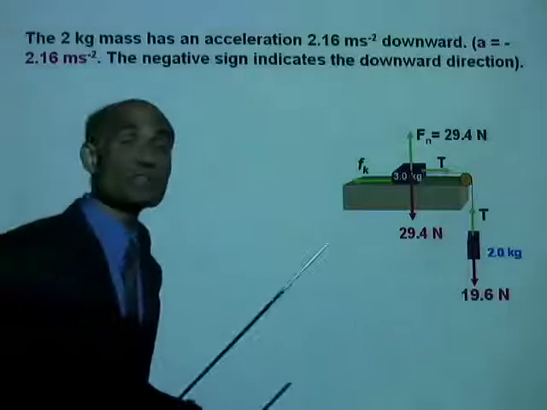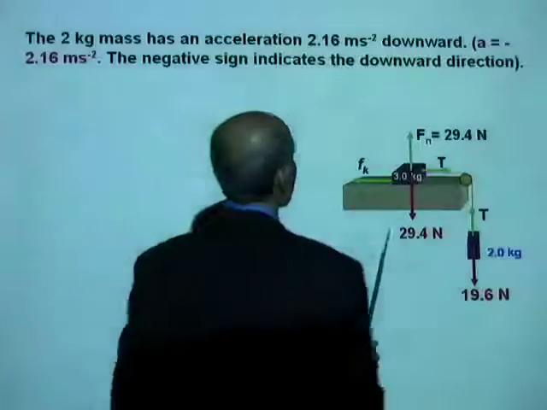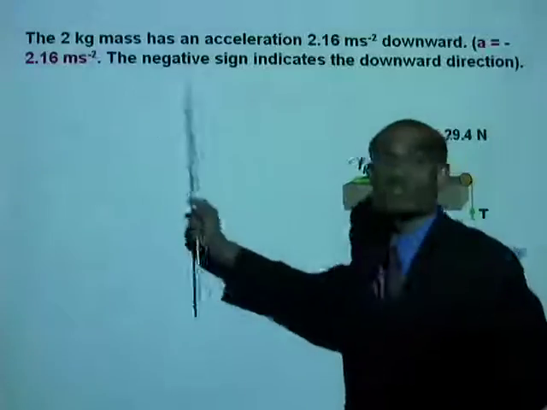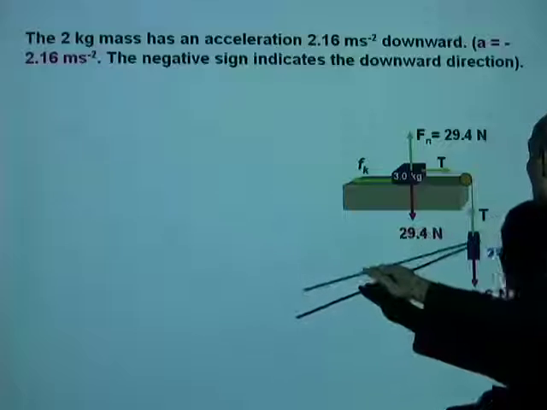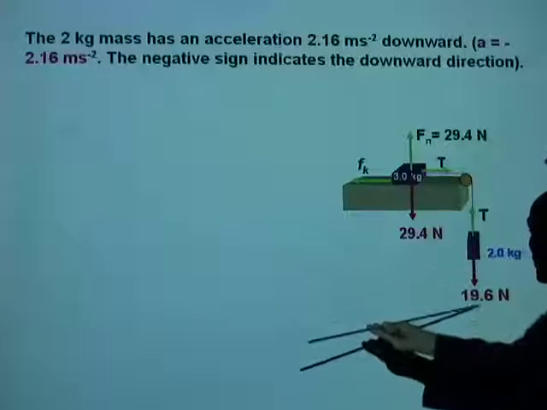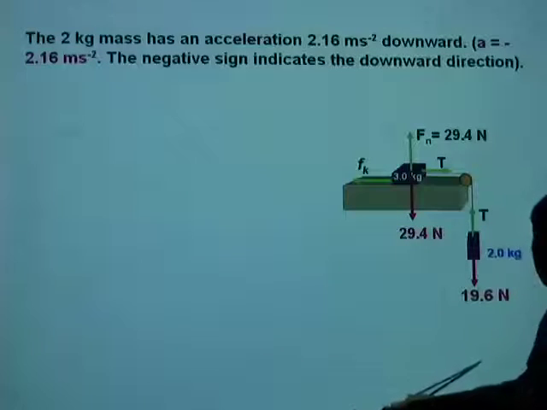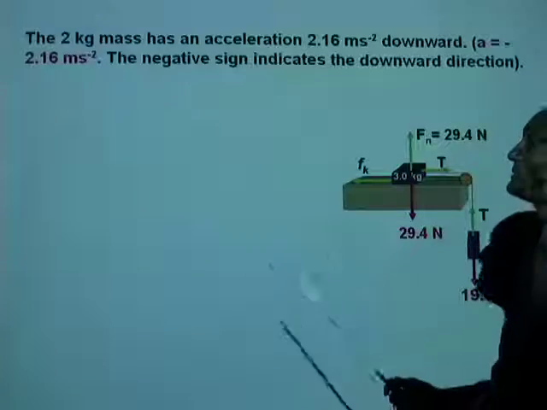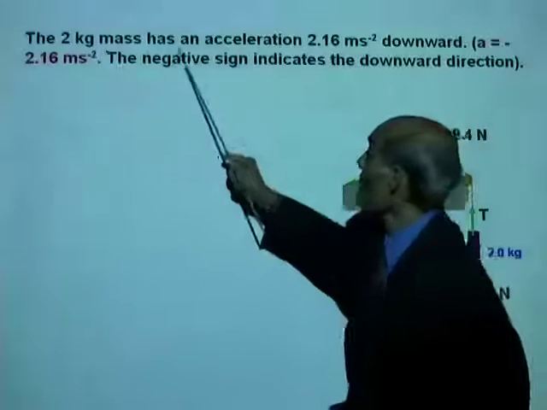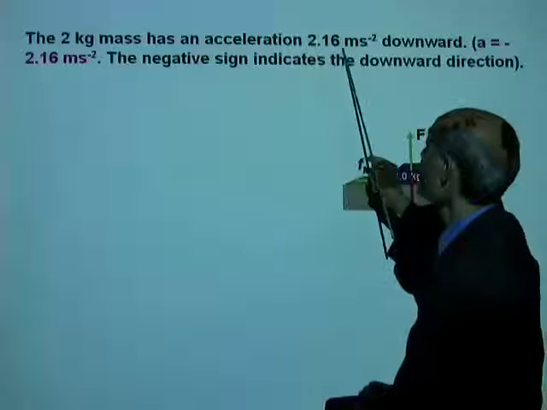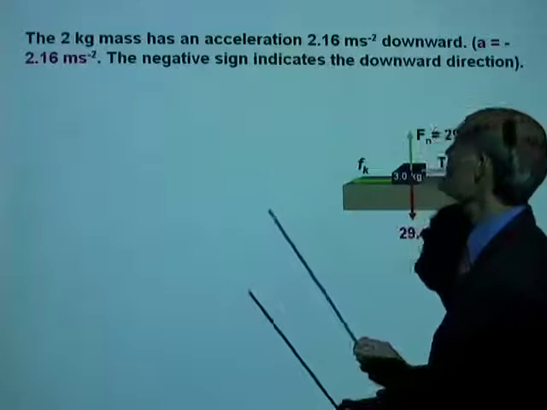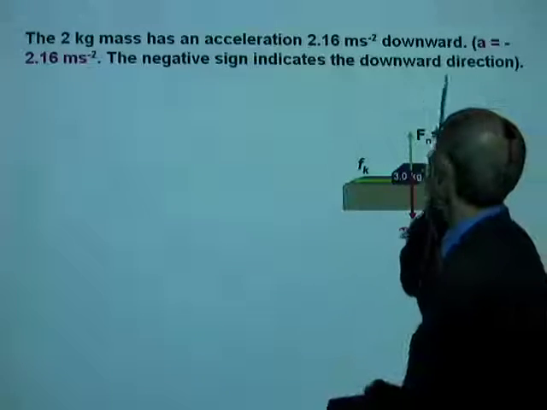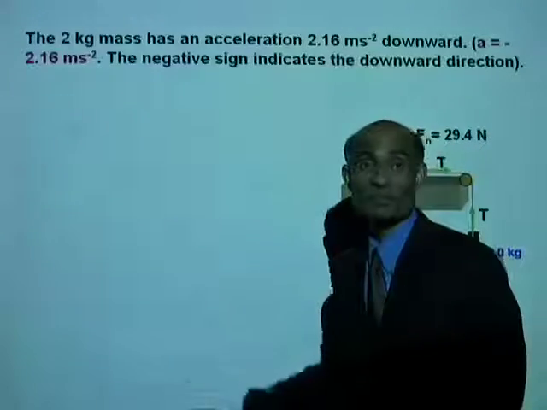We need to complete that problem. The question is, once you calculate the acceleration, how long will it take for this object to reach the ground. The 2 kilogram mass has an acceleration of 2.16 meter per second squared, which we just calculated in the previous slide.